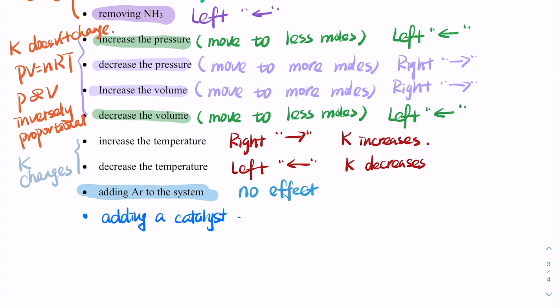By adding the catalyst, you affect both the forward and reverse reaction rates at the same speed. The forward reaction goes faster, and at the same rate the reverse reaction goes faster as well. So as a total effect, there is no effect on this equilibrium.